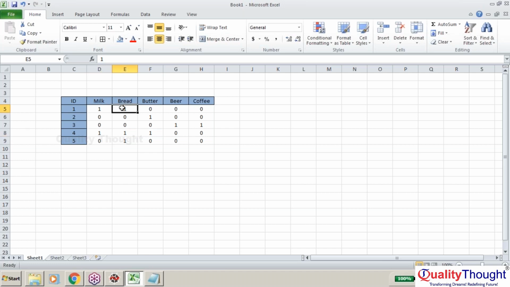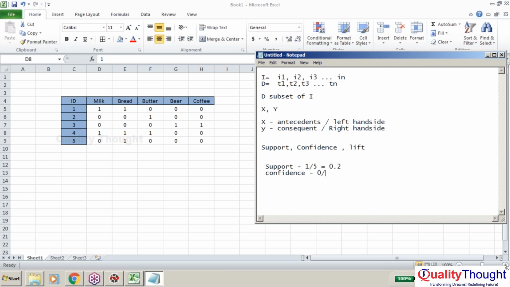Otherwise, milk and bread, whoever is buying milk and bread, they are not buying butter in one transaction, but in another transaction they are buying it. So let us keep that one apart. Whenever someone is buying bread and butter, they are buying milk. So it has a confidence of 0.2 divided by 0.2, which is equal to 1.